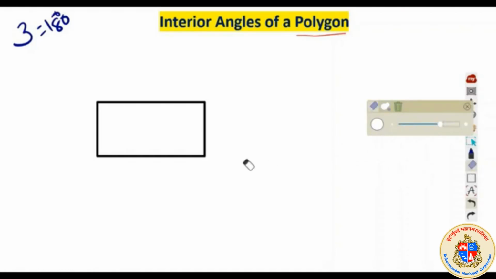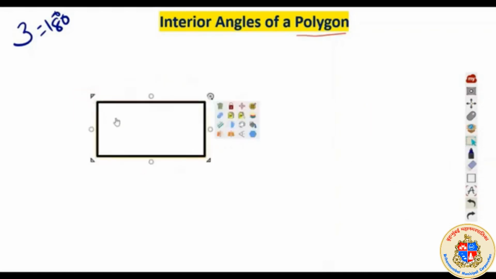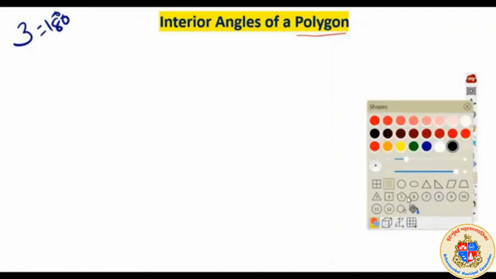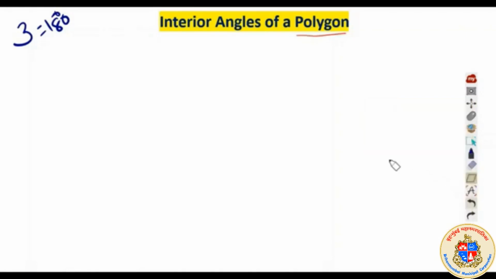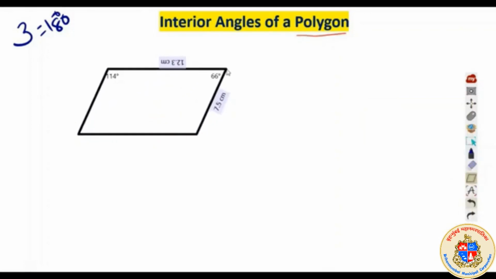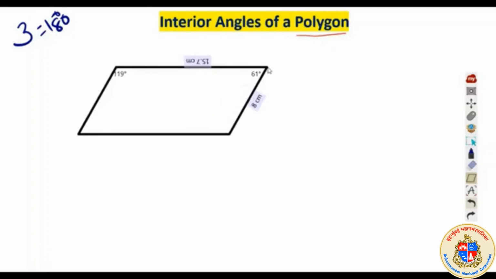In that case, I will change that figure, because it is known to us that in a quadrilateral like a rectangle, the total will easily be 90 into 4. So let me take a parallelogram, where you are not sure about the size of each angle. Here we have 4 angles, and we are trying to find the measure of these angles.